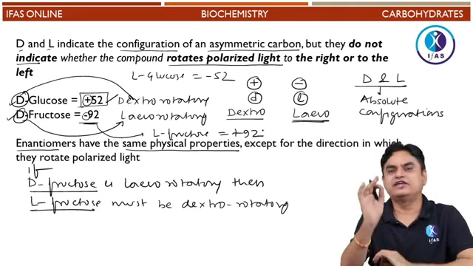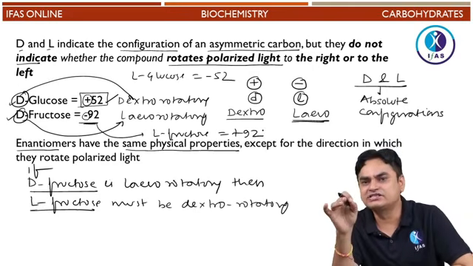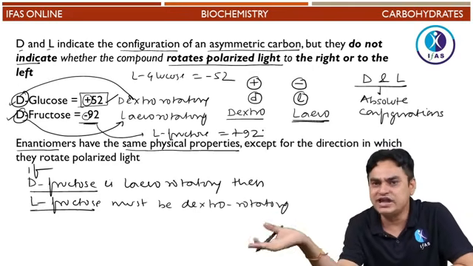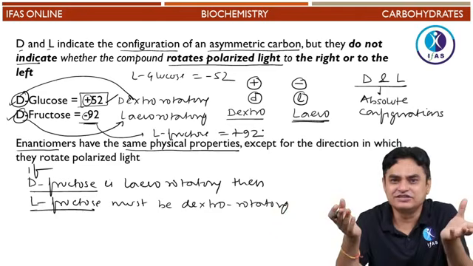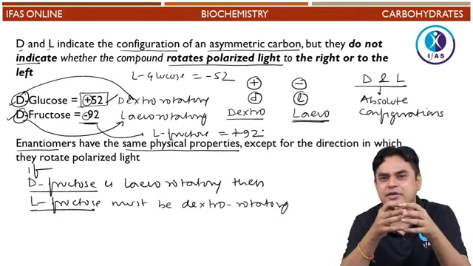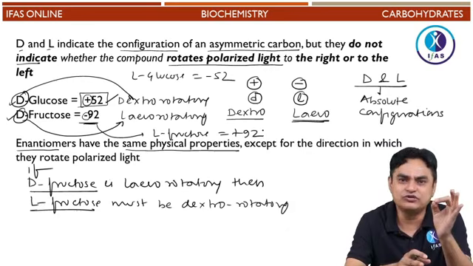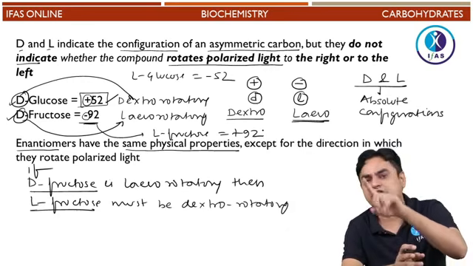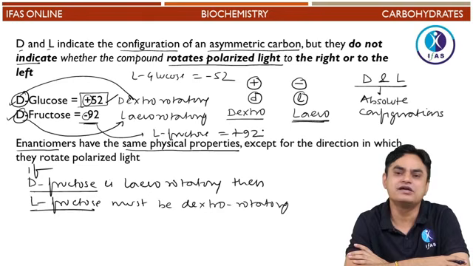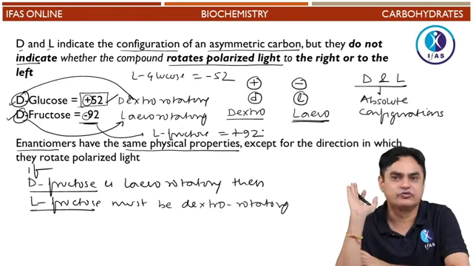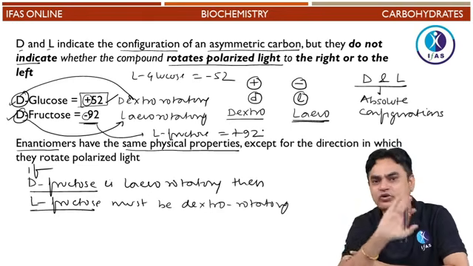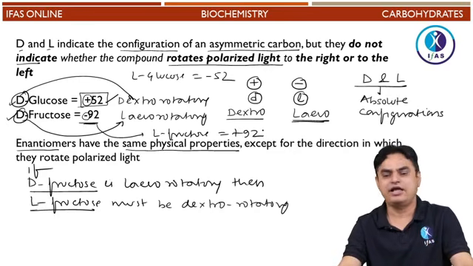That is, enantiomers rotate the plane polarized light in opposite directions, but in which direction you cannot predict. But if you know that one enantiomeric form is dextrorotatory, then definitely the other enantiomeric form, that is its mirror image, would be levorotatory. That's it. But there is no direct correlation between the D form and the L form.